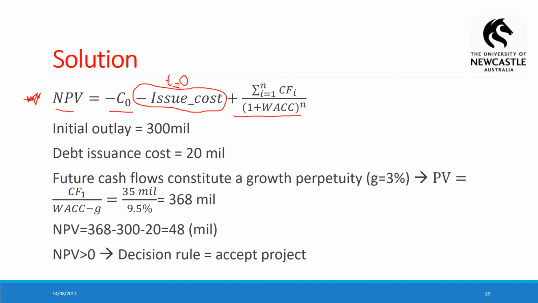The other two components of this formula are exactly the same as our normal NPV formula. Our initial outlay is $300 million. The issuance cost is $20 million.